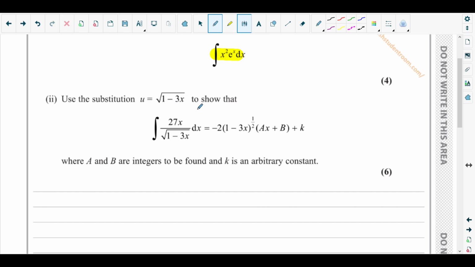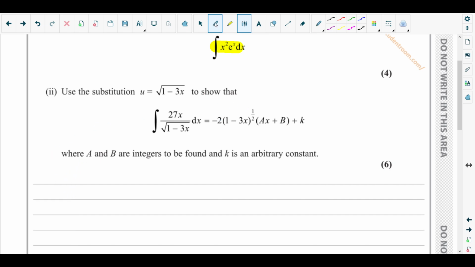I have shown you this type of question earlier, in previous papers like January 24, May 24, October 23. Basically we will use the sequence LATE. The letter which comes first will be taken for differentiation.